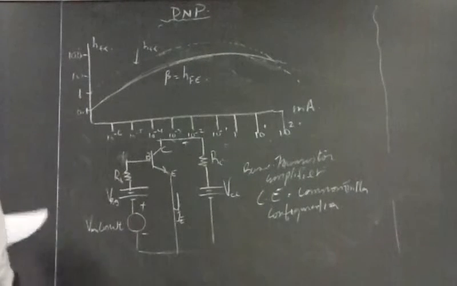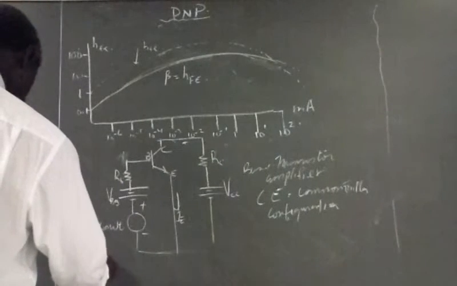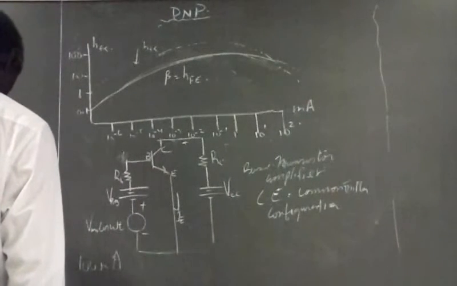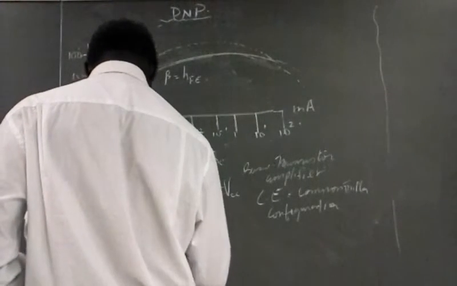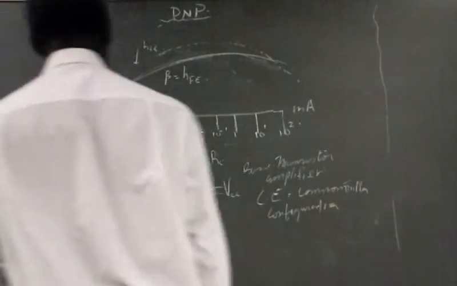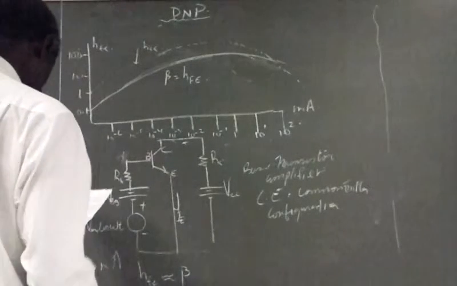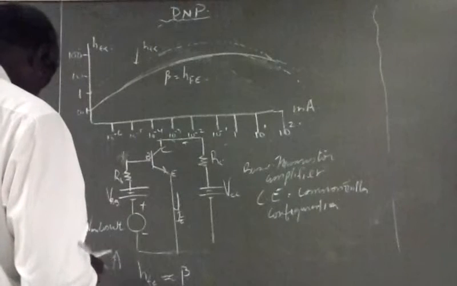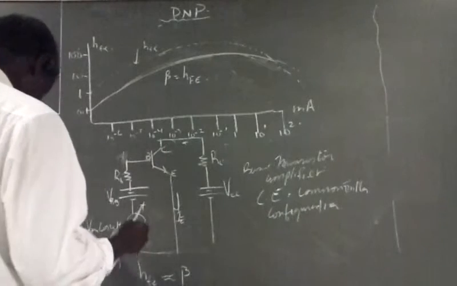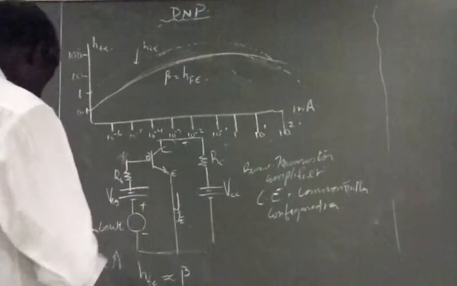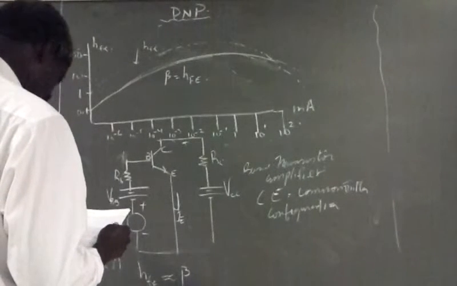Okay, we know that in the typical operating range of 100 milliamps, h_FE is approximately equal to beta, and is relatively independent of changes in the collector current.